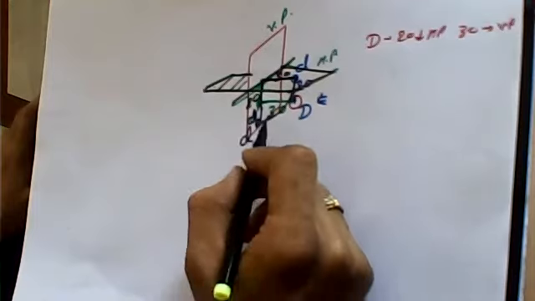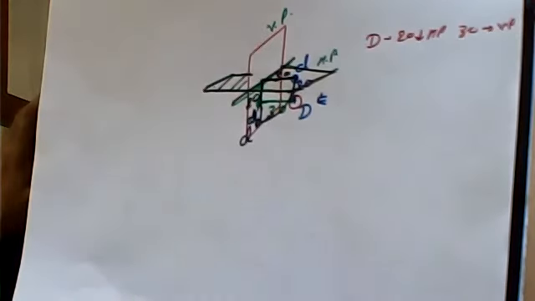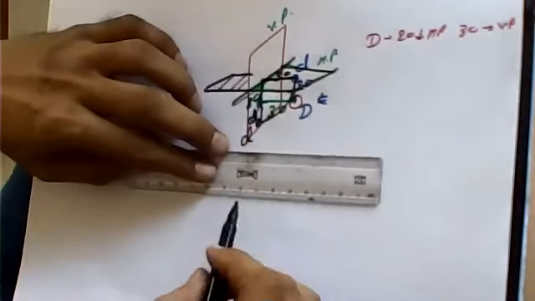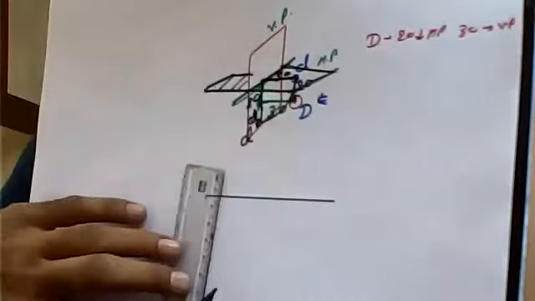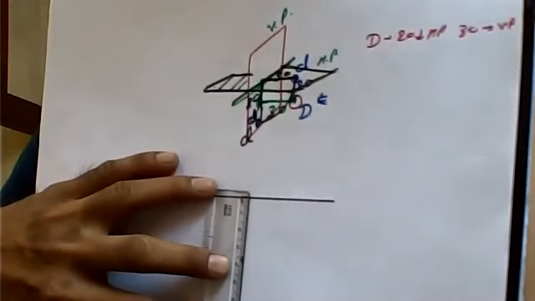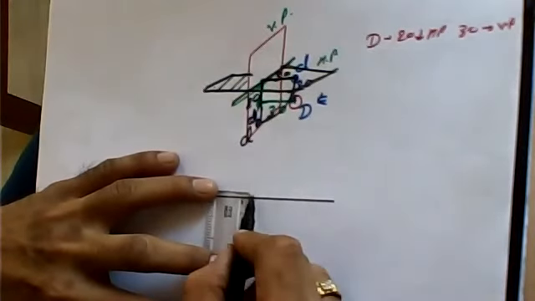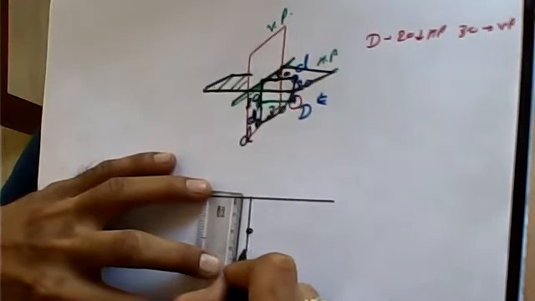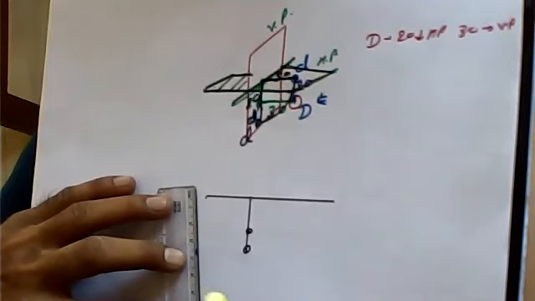This was the D dash. And how we are going to project it? We are going to project it like this. We'll be using a reference line और reference line से perpendicular नीचे we are going for 30 mm and 20 mm. This is going to be the positions. और ये दो position में हमें D dash कहाँ पे मिलेगा?